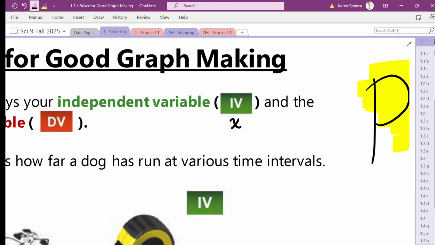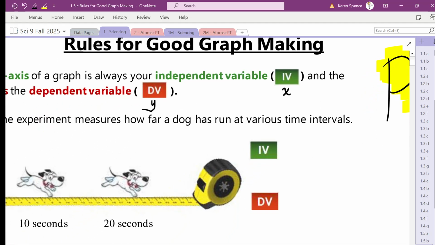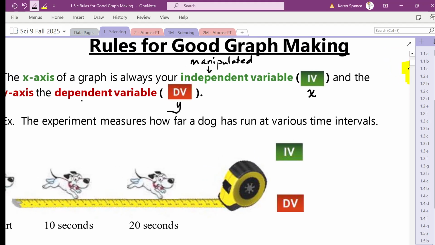The dependent goes on the Y. What is the other word we can use for independent variable? Manipulated. And what can we use for the dependent variable? Responding, yes. Okay, a little review of your vocab there.